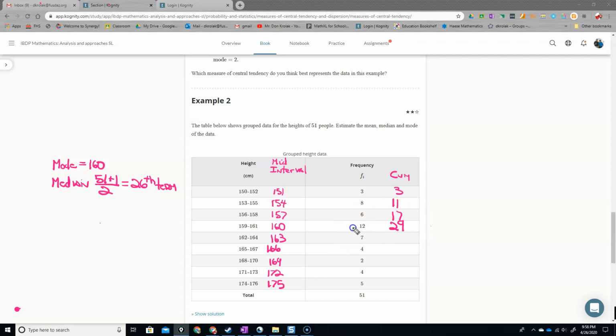So my median value is the 26th term, and we don't know which terms are in here. If they're all 159s, if they're 161s, if they're 159.7, we don't know what the heights are. So to represent that class, we use the mid-interval value. So here we would say our mid-interval value is 160.